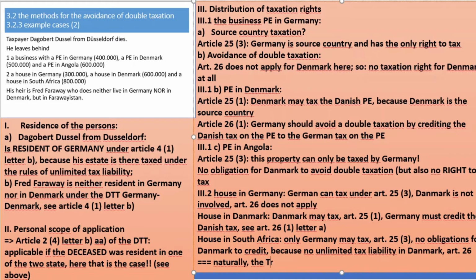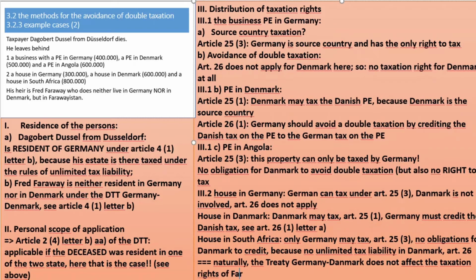Naturally, the treaty Germany-Denmark does not affect the taxation rights of faraway Eastern, Angola, or South Africa. That's clear. So the taxes which are levied there, if they have to be credited, by whom and in how far, has to be then determined under national law, in that case of Germany. Okay, that's the end of this case.